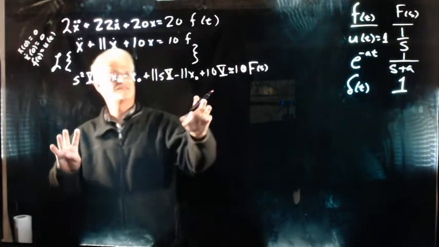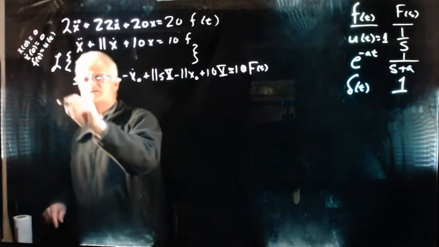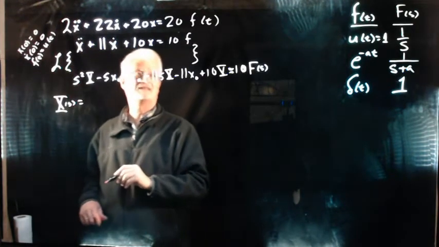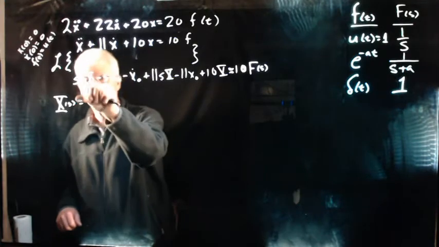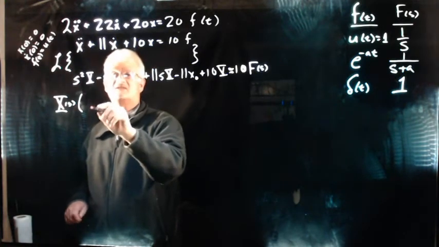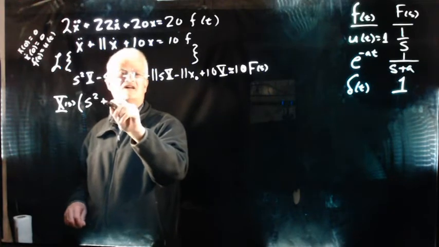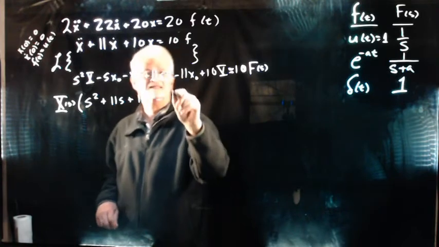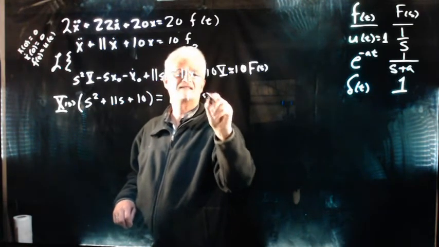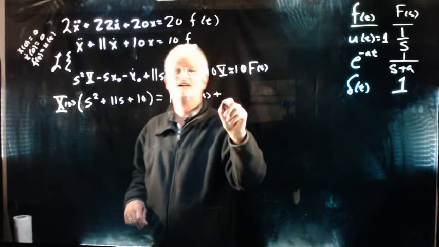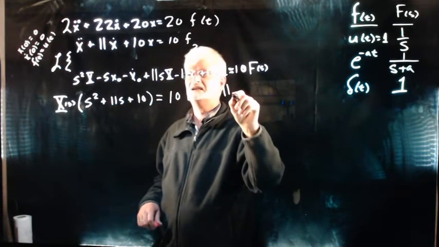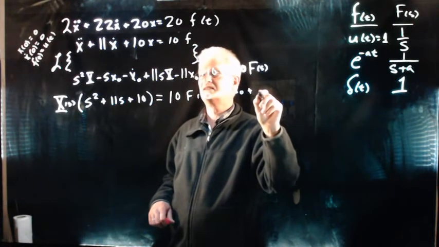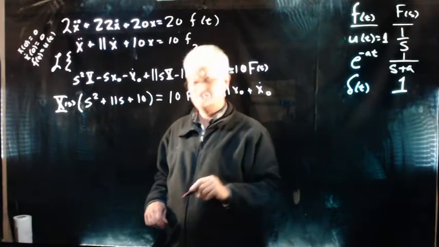And so now all our job is, since we're trying to find x, we might as well solve for x. We're going to say x of s. Sometimes I use the s, sometimes I'm just sloppy and I don't. So this is going to be s squared plus 11s plus 10 times x is equal to 10 f of s plus 11 x0 plus x dot 0.